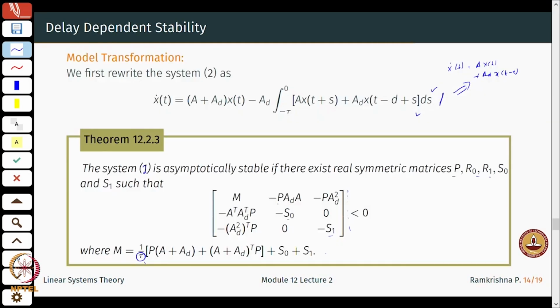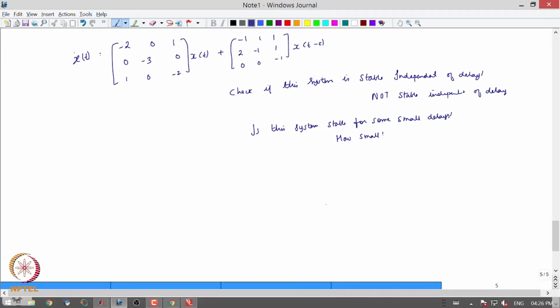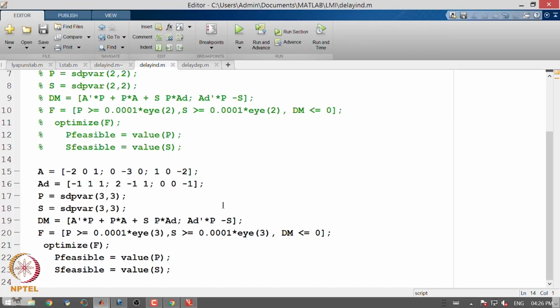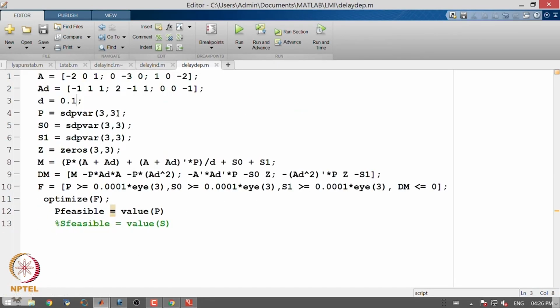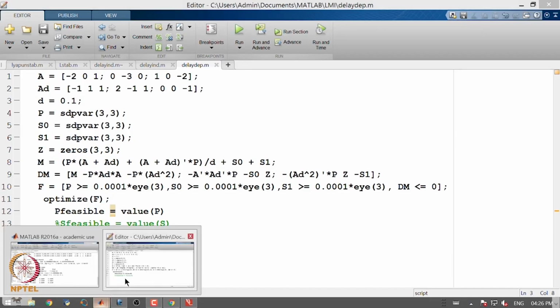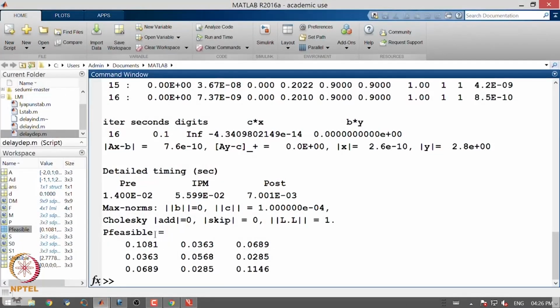So, okay, now let us check if this same system, which was stable independent of delay, what happens for small delays. I just put a delay of, say, 0.1 and plug in the code. Okay, so let us see what happens. Okay, this looks good.